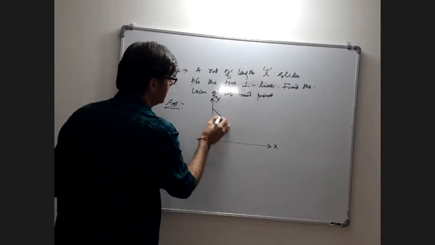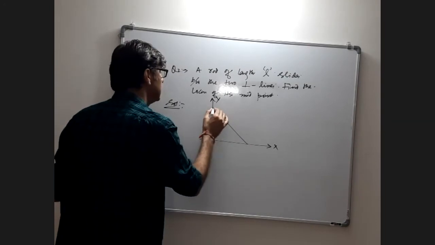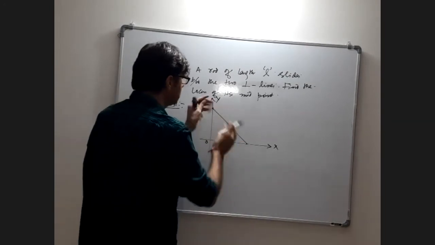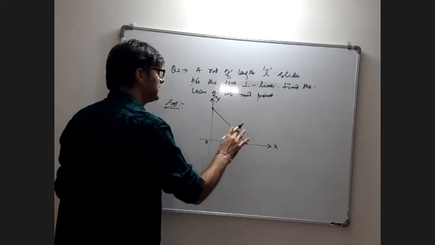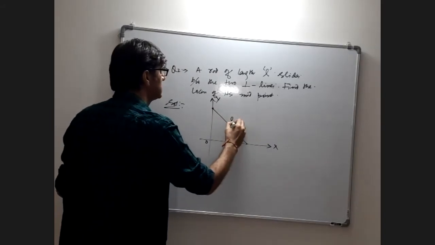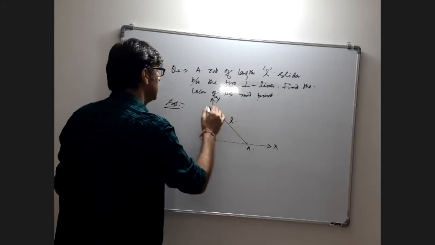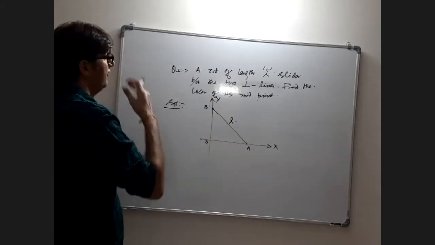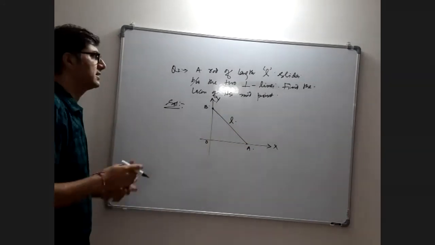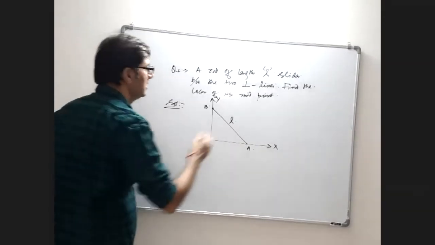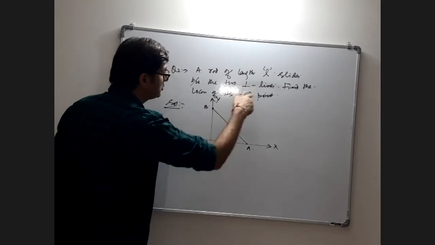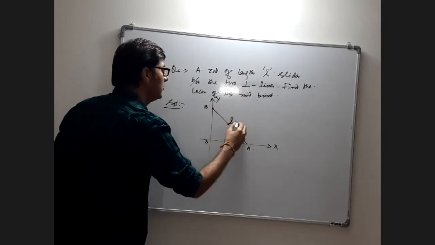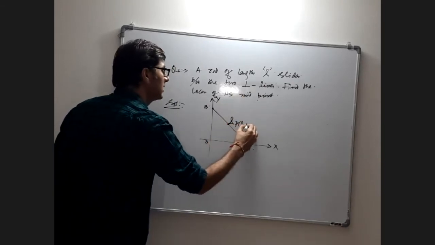This is sliding like this. The figure is not exact, but the length is fixed. So its length is L, with endpoints A and B. We have to find the locus of its midpoint. Let the midpoint be P with the coordinates h, k.